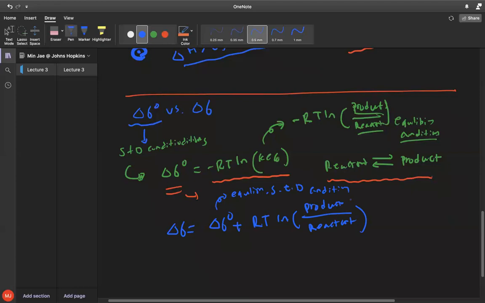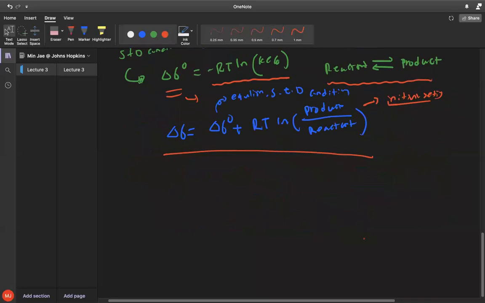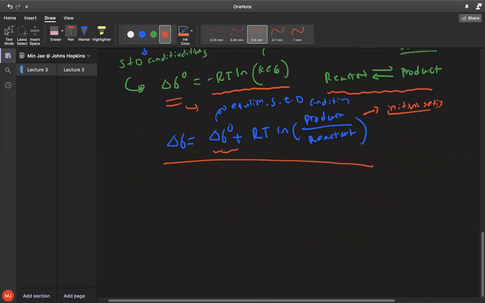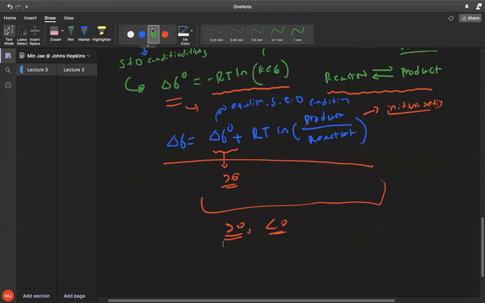Notice that the part I mentioned before is at the equilibrium setting, but this one is the initial setting. What that means, and it has a substantial conclusion, is that even if delta G naught at standard condition is positive, by changing the ratio between product and reactants when the reaction first starts, you can shift the entire reaction to be either positive or negative. That's a really profound implication of this equation.